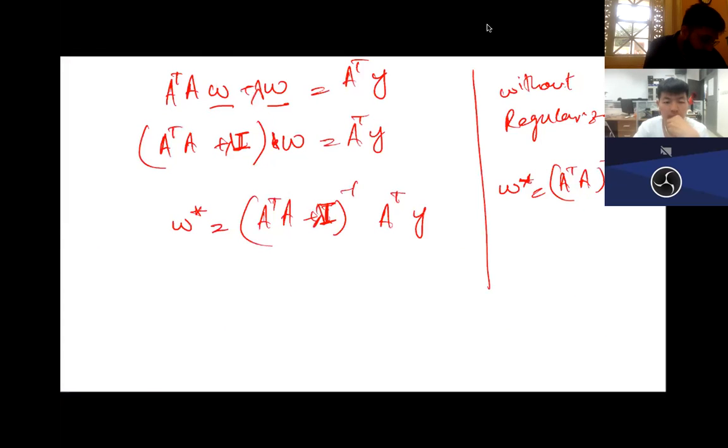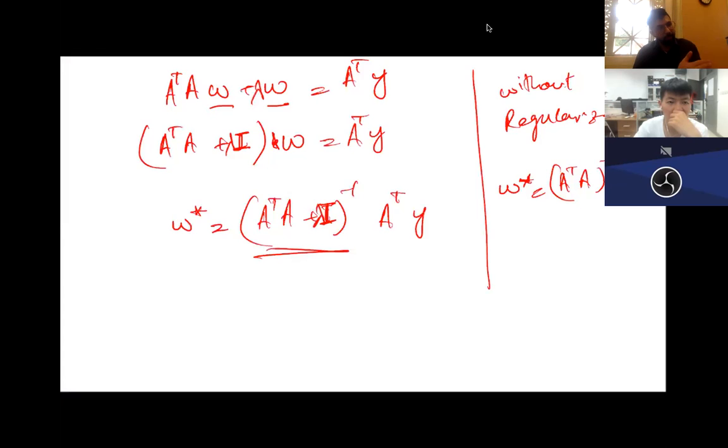Okay. Intuitively, what does this do? What happens when you add lambda to the diagonal of a square matrix? It adds lambda to all the eigenvalues of that square matrix. So all the eigenvalues would be increased by a value lambda. And if all the eigenvalues are increased by a value lambda, it basically makes the inverse easy to calculate. How does it make inverse easy to calculate?